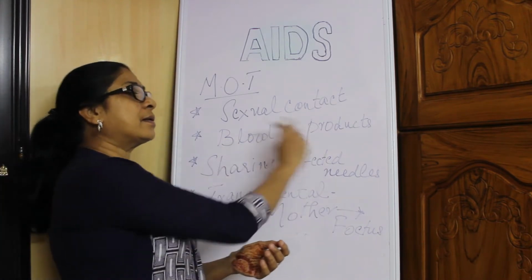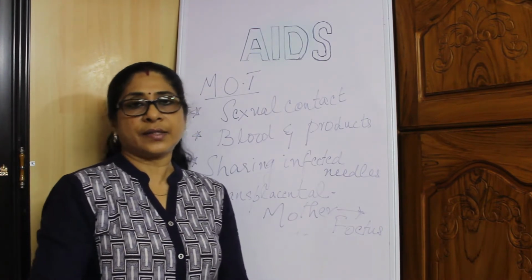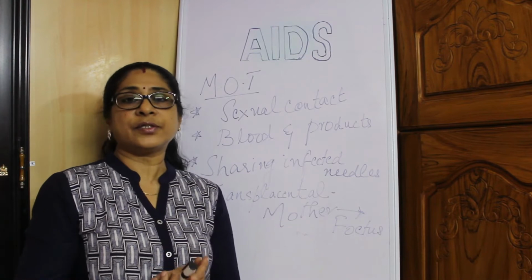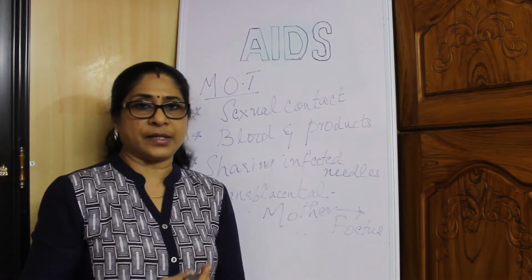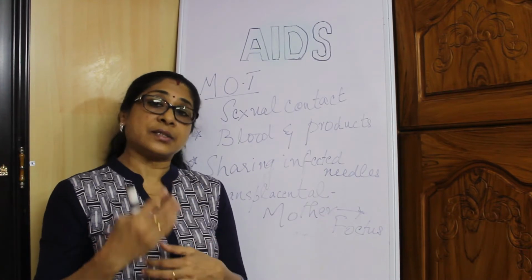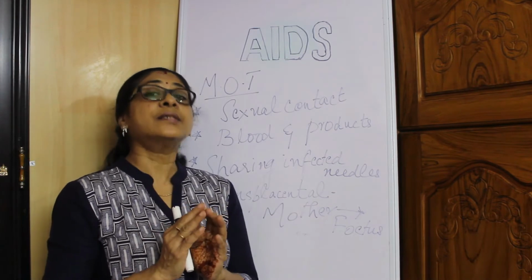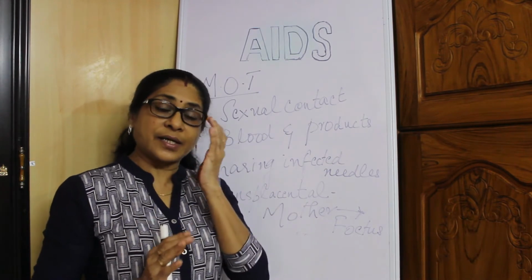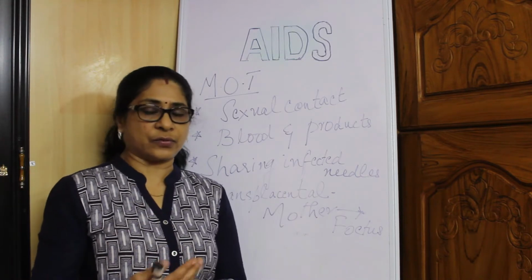The second method is through blood and blood products. Normally when there is a requirement of blood or blood products, as in the case of hemophilia, when constant blood transfusion is required, what happens is, if the blood is not screened, nowadays there are blood banks which screen the blood before it is transfused.